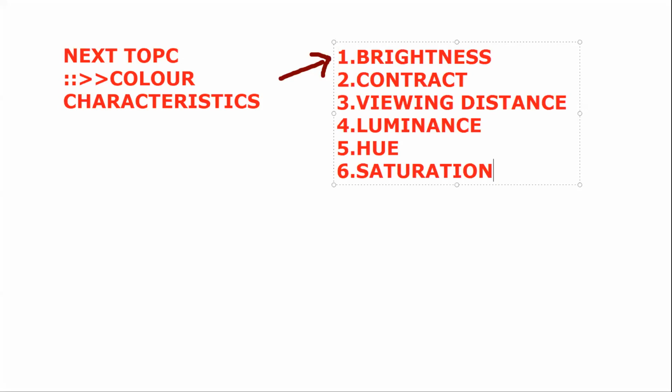Both the pickup tube at the transmitting end and the picture tube at the receiving end have non-linear characteristics. Therefore some gamma correction may be required, to be applied for the desired contrast ratio.